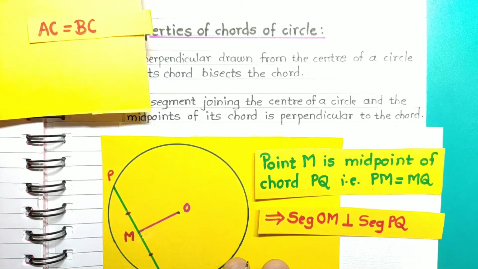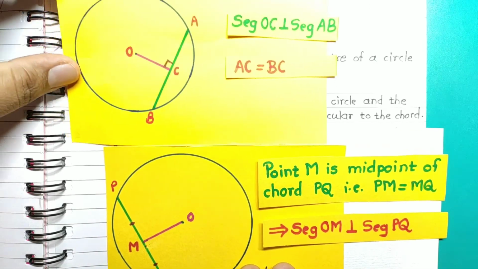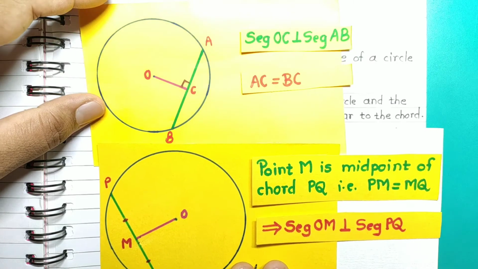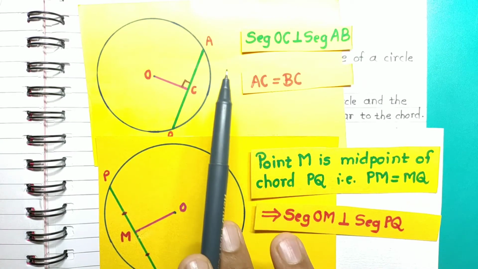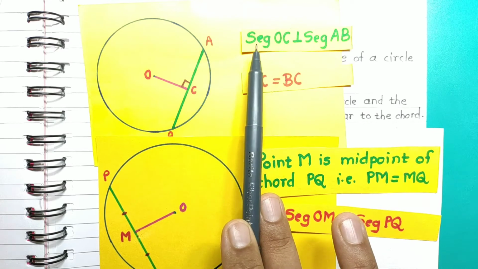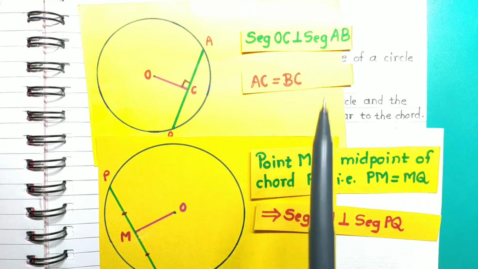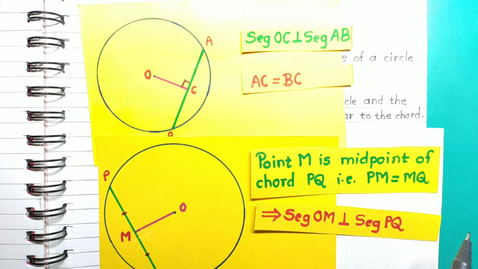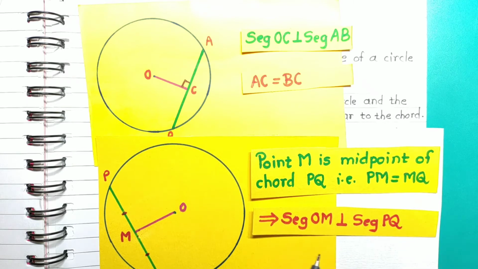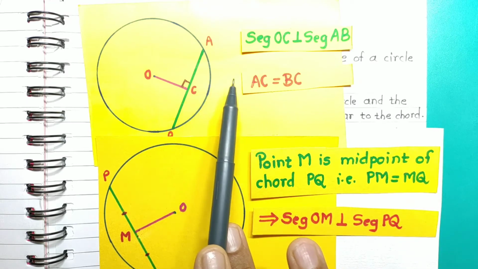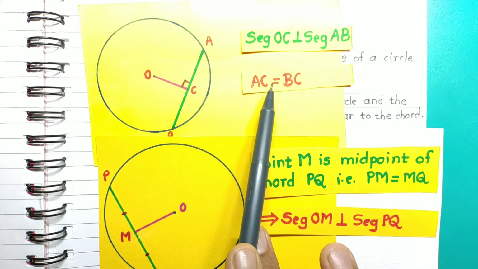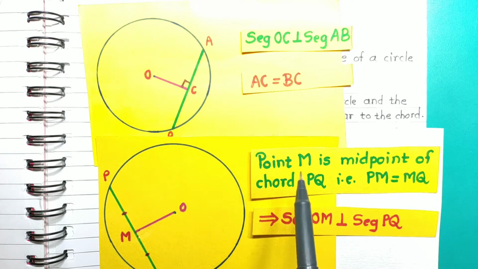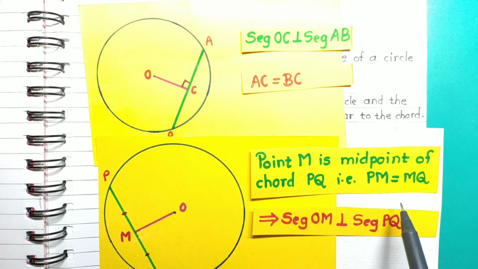So students, in these two statements, we observe that these are converses of each other. See here, in the first statement, the given part has become the conclusion part in the second statement, and in the first statement the conclusion is that the chord is bisected, and that conclusion has become the given part in the second statement.